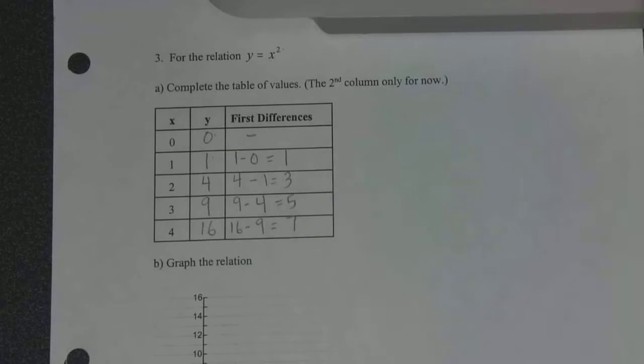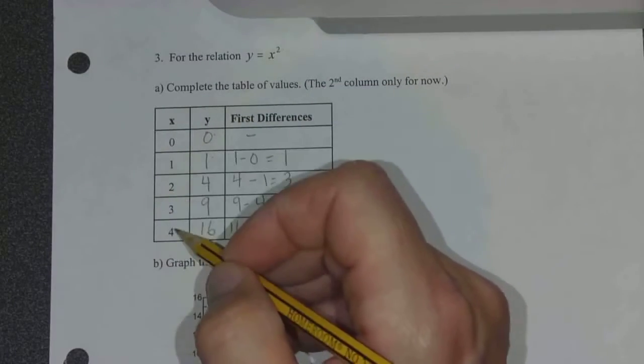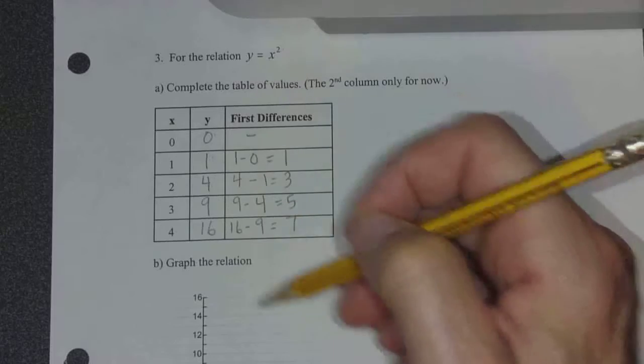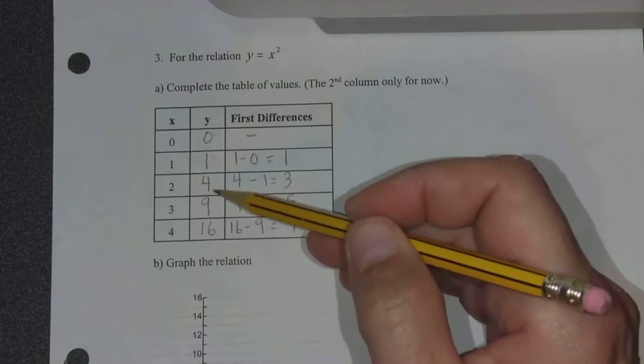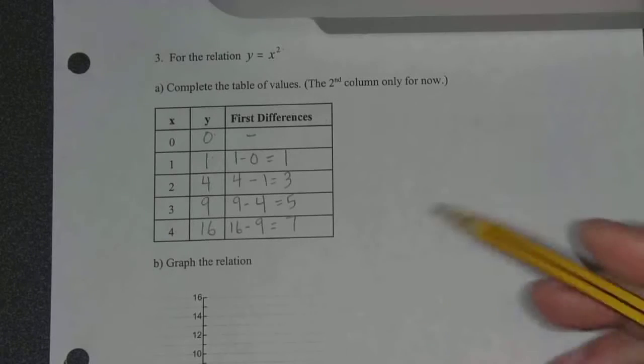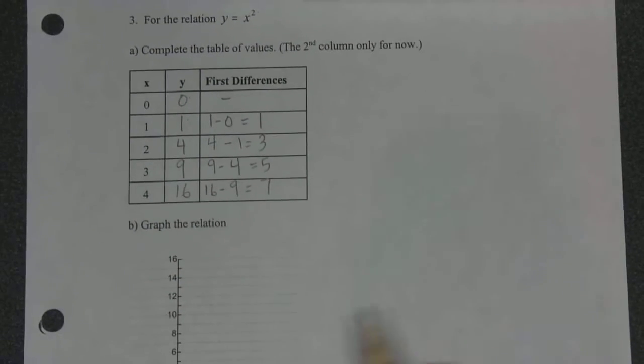Okay, so let's graph it again. In this case, we can't plot just the first and last because it's not a straight line. It's not a straight line because this is not going up by the same amount. So in this case, we do have to graph all the coordinates.